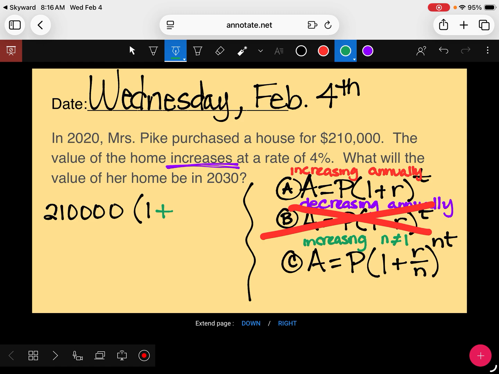Who says 0.04? Good. Now it says that she bought the house in the year 2020. We want to know how much it'll be worth in 2030. So how many years pass between 2030 and 2020? 10. So T is 10. Go ahead and type that in your calculator.